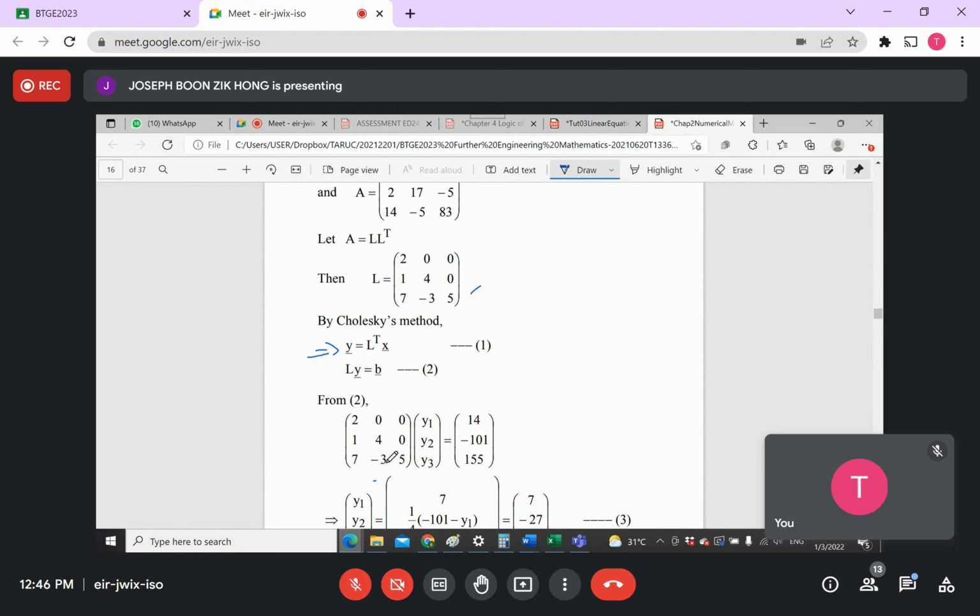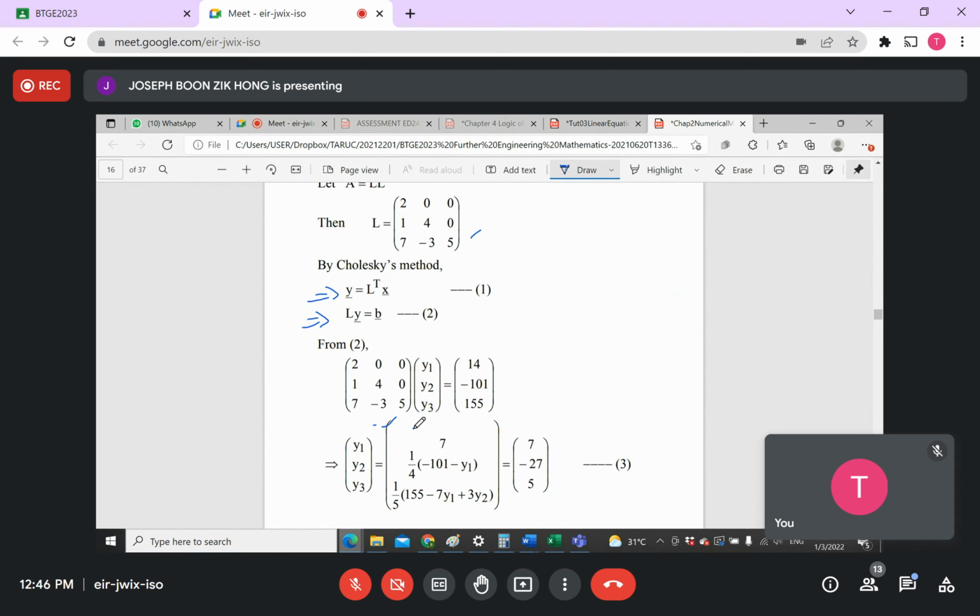Now we try to find Y by taking L times Y equal to B. So 2Y1 equals 14, so Y1 is 7. Then 1 times Y1, which is 7, plus 4Y2 equals negative 101.